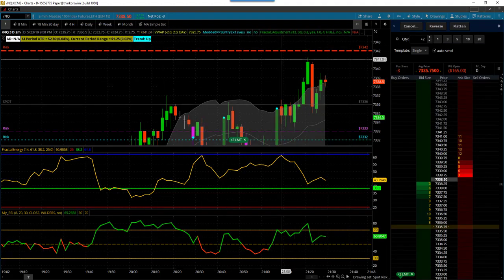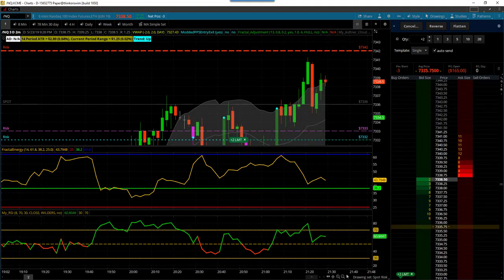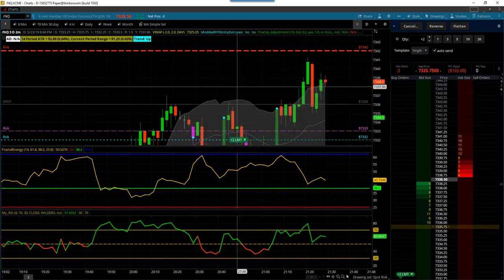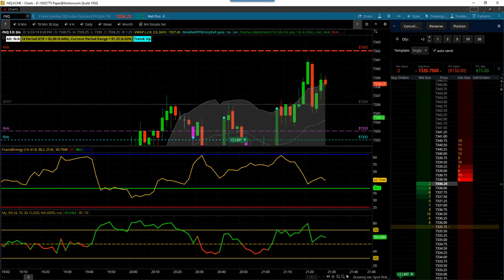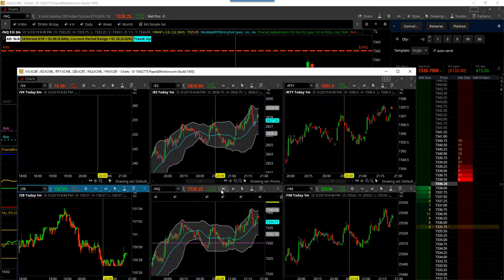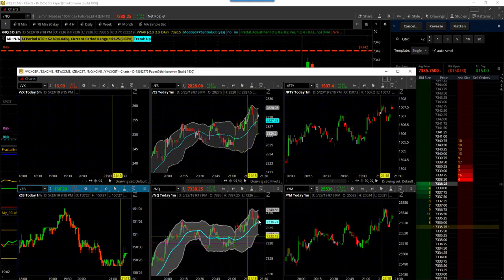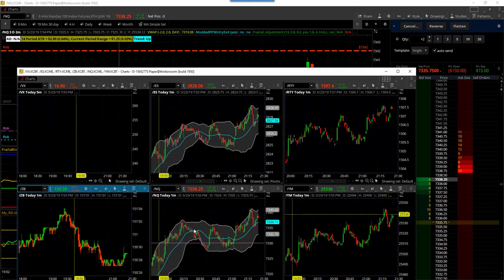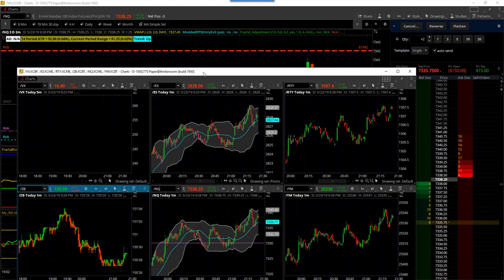On the 1 minute, price is above the center band of the Bollinger, but it is not outside the bands. So you can see this is the NQ on the 1 minute with a Bollinger band, and that's what I'm watching on another chart with the four indexes and the bonds.